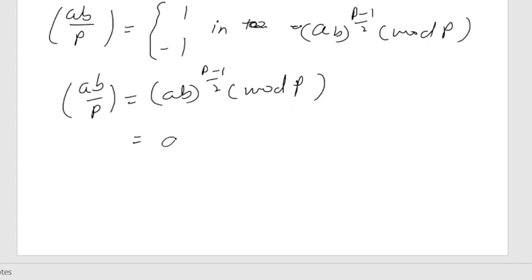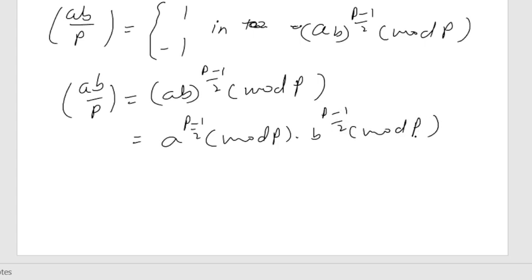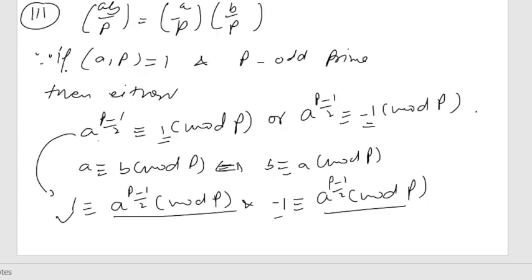So we can write a^((p-1)/2) mod p times b^((p-1)/2) mod p, and this is nothing but the Legendre symbol of a by p times the Legendre symbol of b by p. So the proof is very easy, but we must know the result of this theorem.